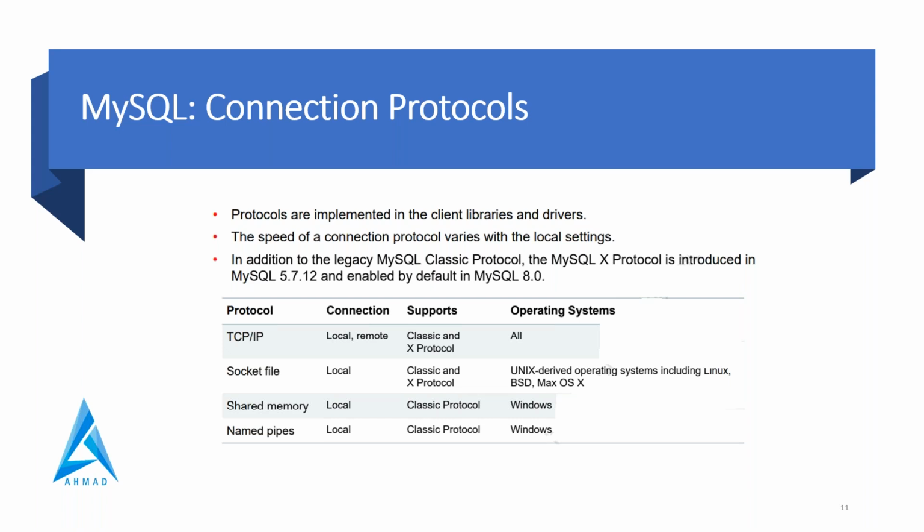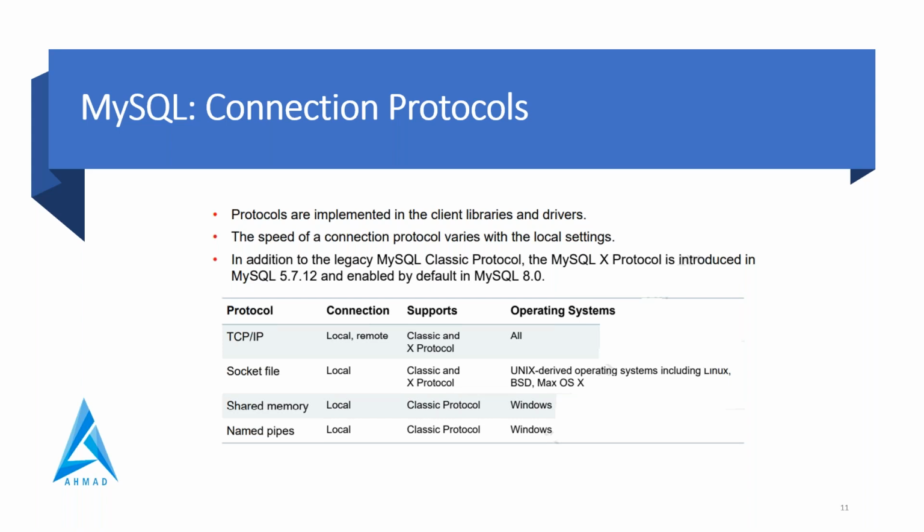As you can see, we have TCP/IP, socket file, shared memory, and named pipe. TCP/IP can connect locally and remotely, but the other protocols can connect only locally. Shared memory and named pipe support classic protocols, while socket and TCP/IP support both classic and X protocol.